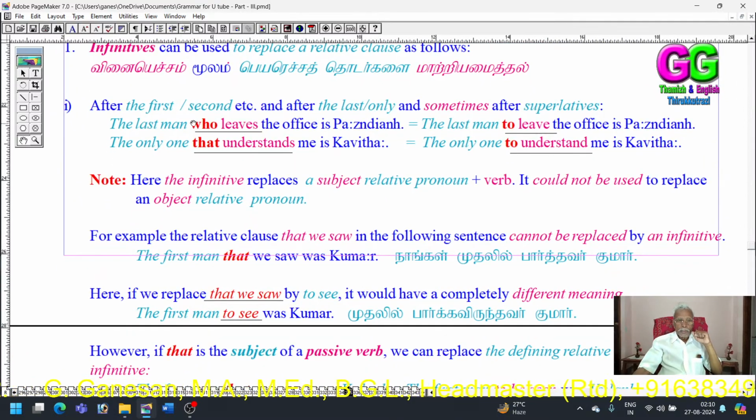Note here, students, you should bear it in mind: the infinitive replaces only the relative pronouns acting as subjects, not objects.